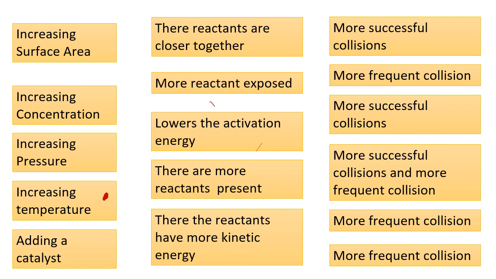If I increase the temperature, the reactants have more kinetic energy. So that goes second to it. If they have more energy, then more of the collisions are successful and they collide more frequently. So can you match up the rest of them? So pause now.